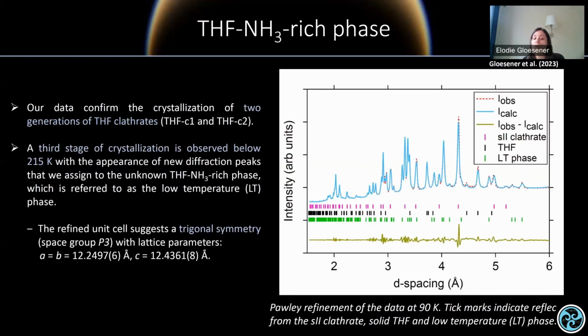In addition to the reflections from the low temperature phase, we also have reflections from the structure 2 clathrates and solid THF, which makes the data complex and challenging to fully solve the structure. But our refined unit cell suggests a trigonal symmetry for this THF ammonia rich phase, with lattice parameters given here, around 12 angstrom.